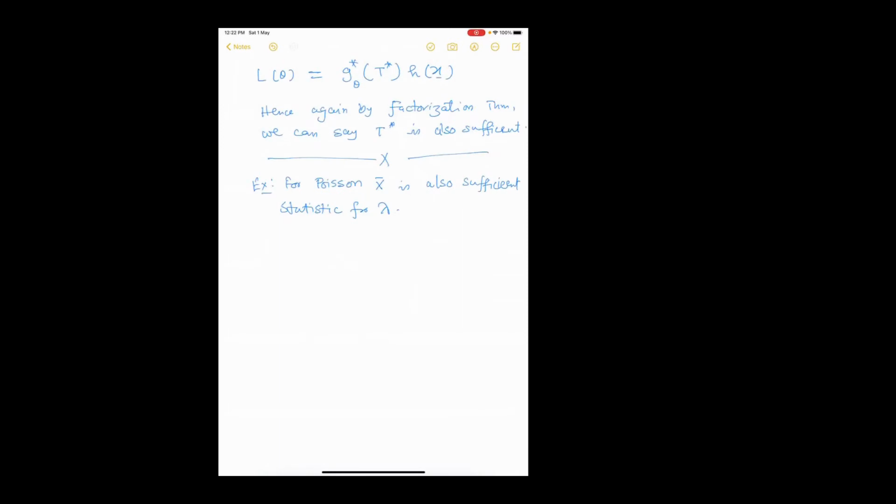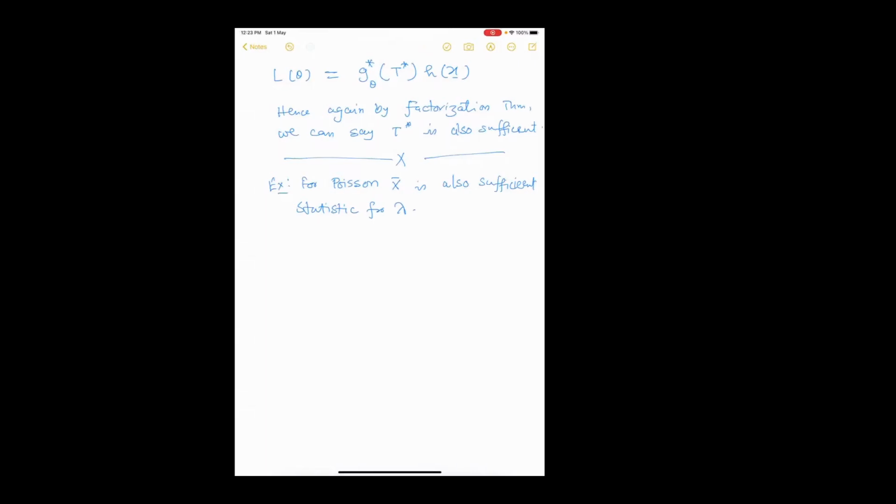Now, what I'm going to do is another example for two parameters. Okay. For normal with mu and sigma square, where both mu and sigma square are unknown. So let us consider this example.